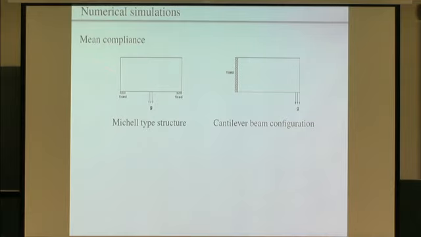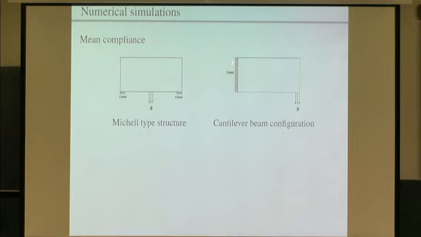For mean compliance, the first two are going to be taking beta equal to 0 and just considering the mean compliance in our objective functional. We've got these two structures, a Mitchell type structure and a cantilever beam. Let's take the cantilever beam. We fix the left-hand boundary, so the displacement is equal to 0 there.